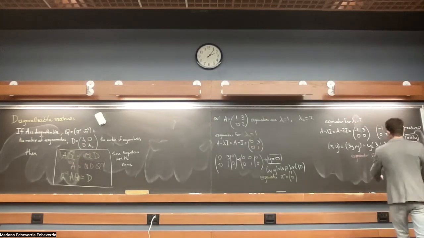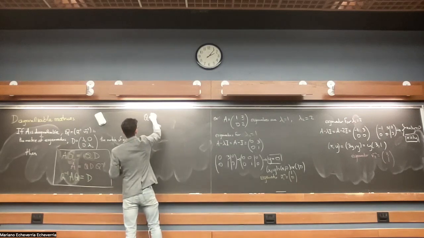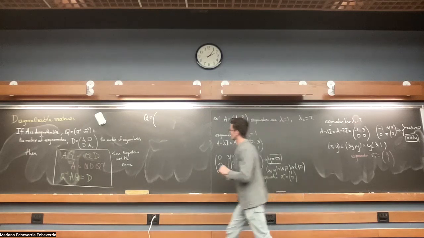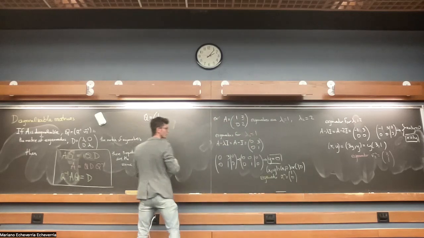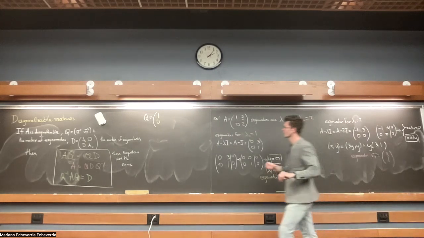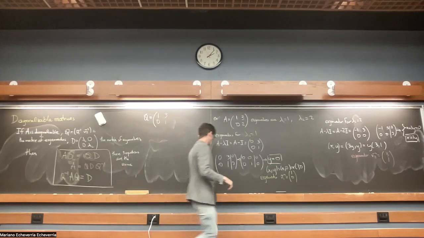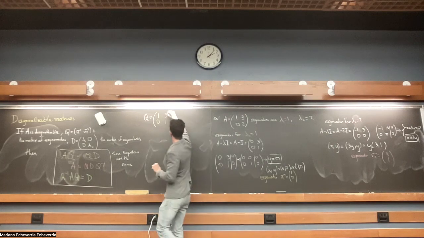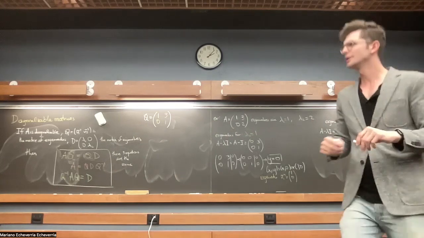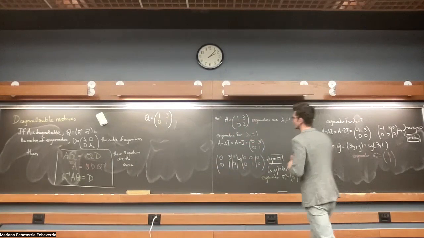The matrix of eigenvectors is just the matrix whose columns are these eigenvectors, right? Is that okay? And we also need the inverse of this 2 by 2 matrix.